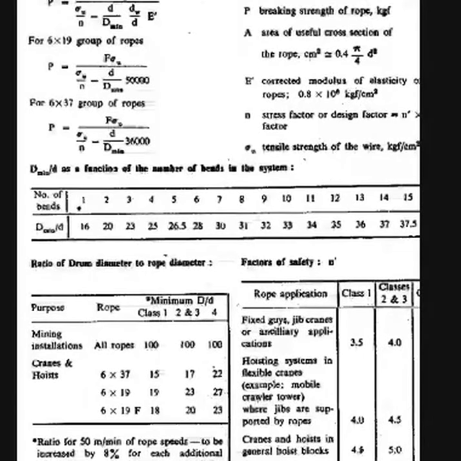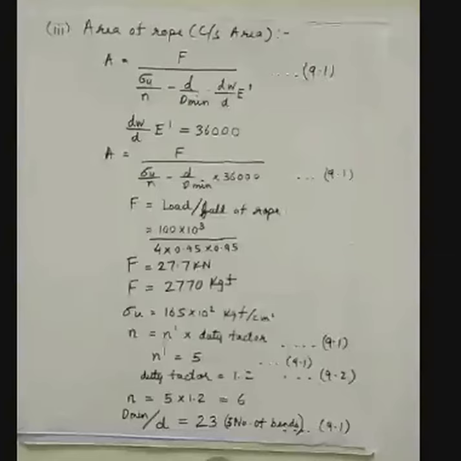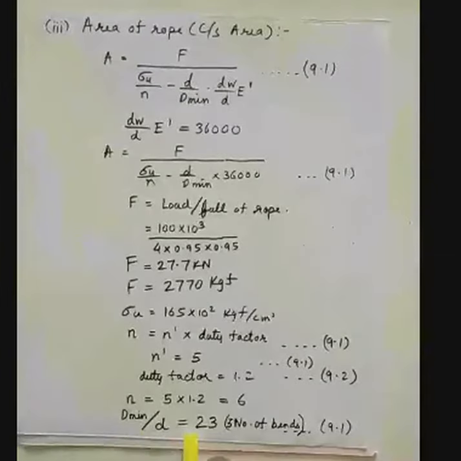As our number of bends is 3, it comes out to be 23. Clear? So I have taken D min by D as 23 since we have 3 bends, from PSG 9.1.